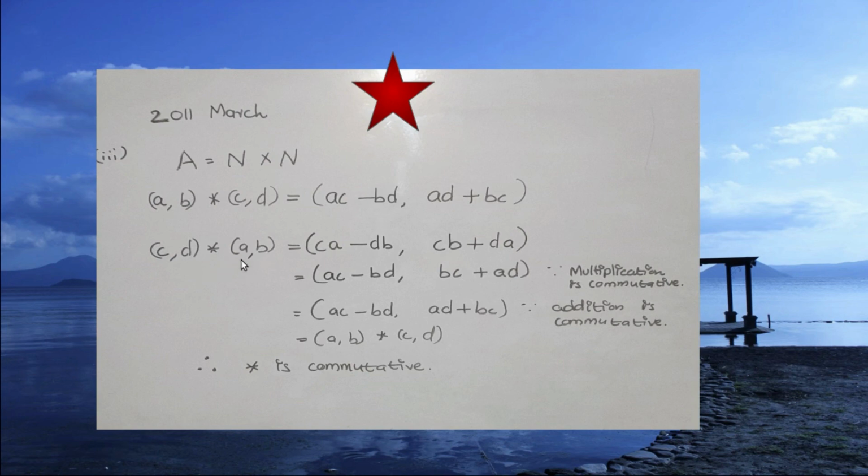Now ca we can write as ac, and db as bd, and cb is bc and da is ad. The reason is multiplication is commutative.